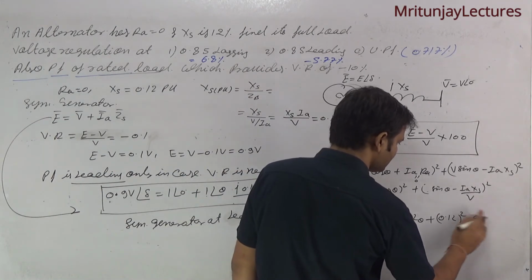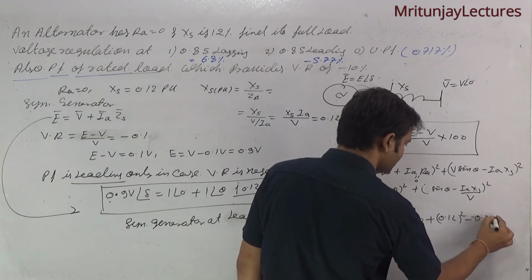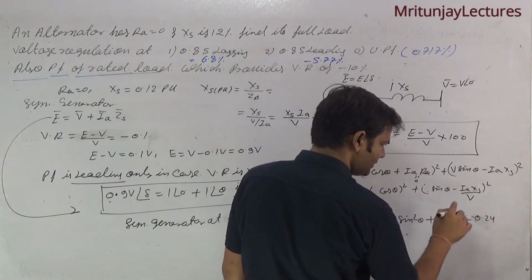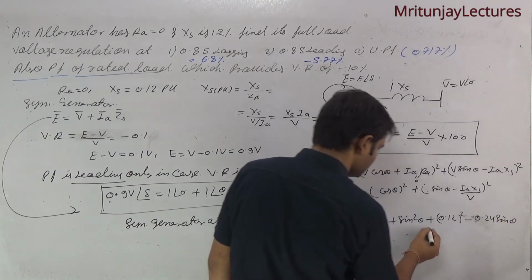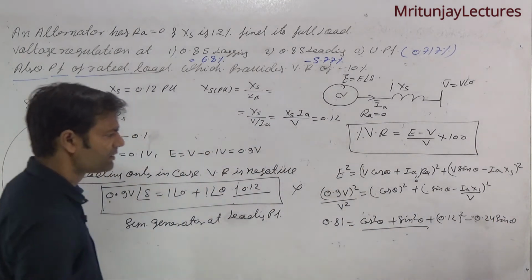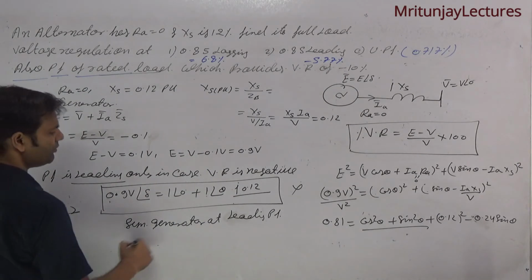minus 0.24 sin theta. This value, cos square plus sin square, is 1. So what about sin theta?